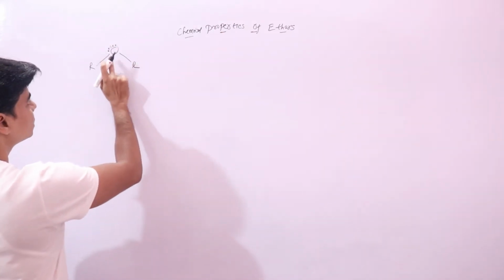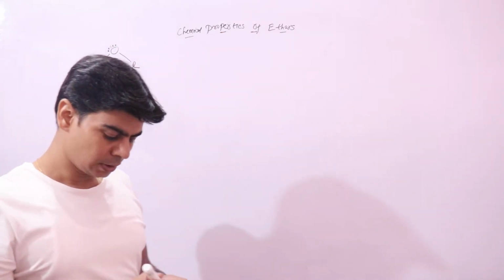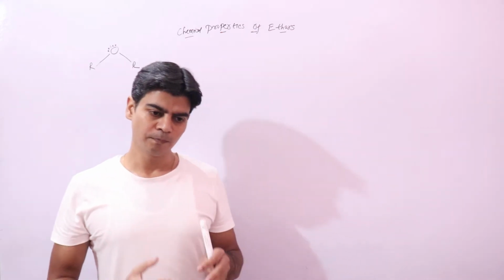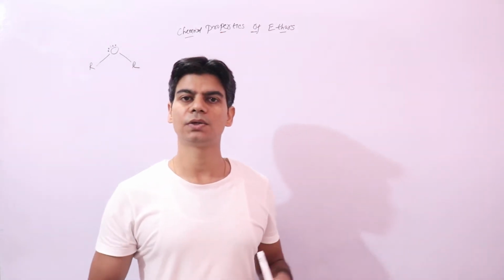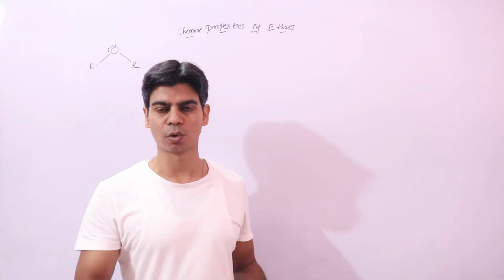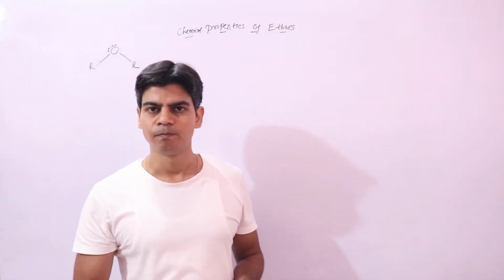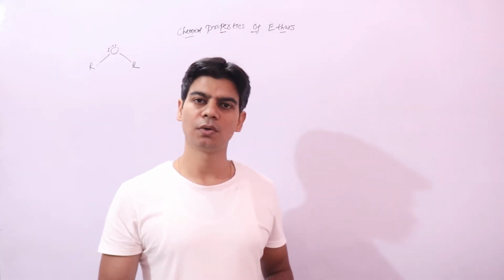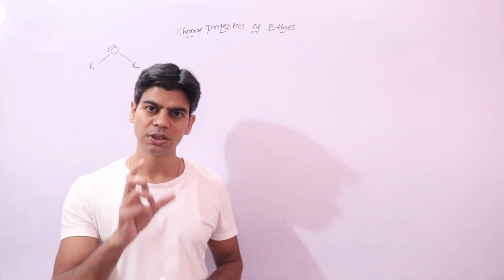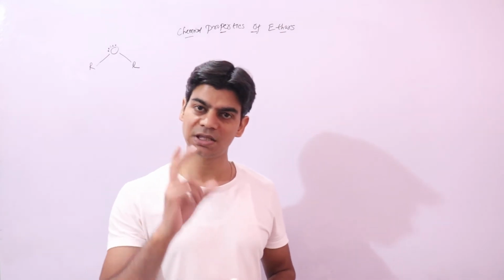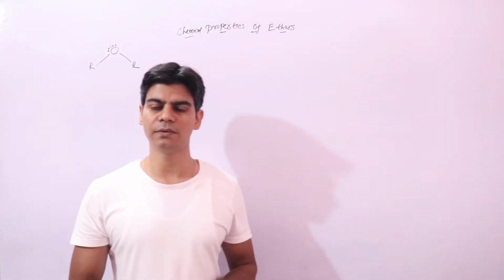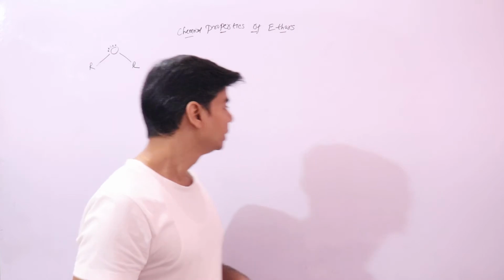Since it has two lone pairs of electrons, these can be donated to electron deficient species like a proton, or some Lewis acids like aluminium chloride, boron trifluoride. We know these are electron deficient, which are exceptions to the octet rule. If you remember, we have done this in chemical bonding.